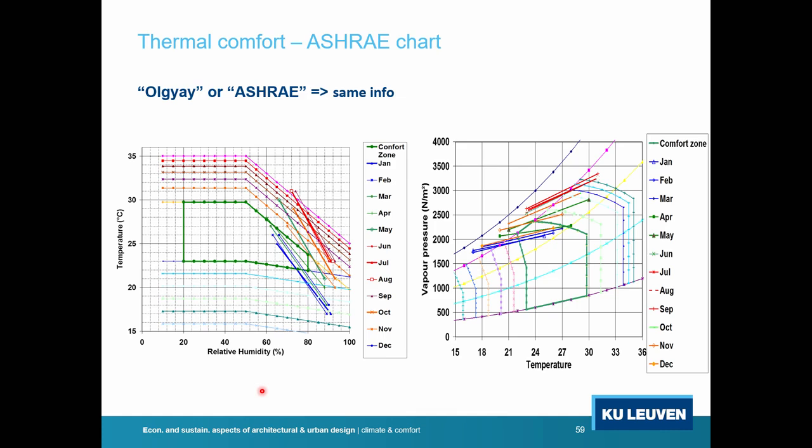Here you can see what I said before, that the highest temperature comes together with the lowest relative humidity, and the lowest temperature comes together with the highest relative humidity. So all the lines should have this direction. If you have another direction, something went wrong in your input.